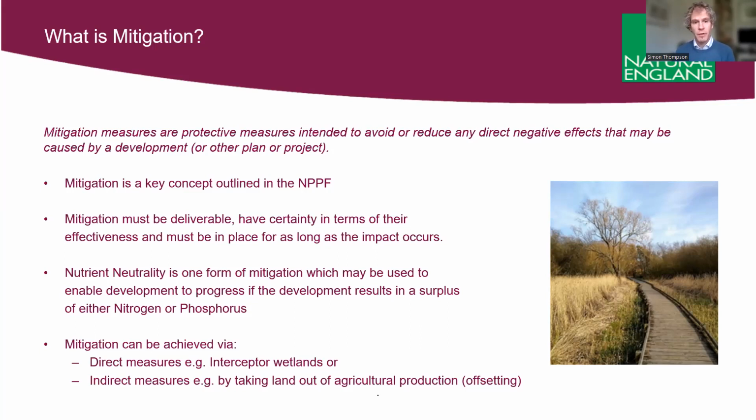I'm not saying that there aren't times when that is entirely appropriate, but you have to have certainty that whatever's being proposed is secured and is going to be effective before you can make your decisions. And obviously nutrient neutrality is just one form of mitigation, which has been proposed to avoid an overall increase in nitrogen or phosphorus.